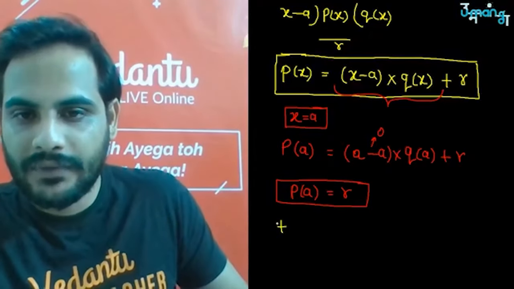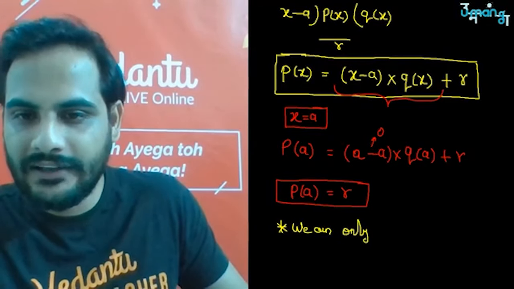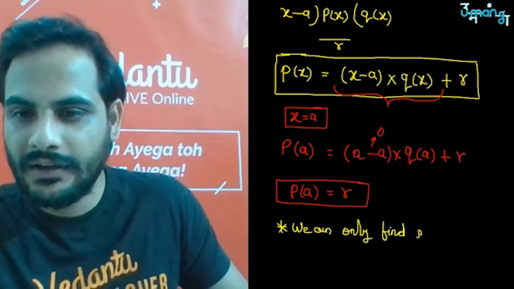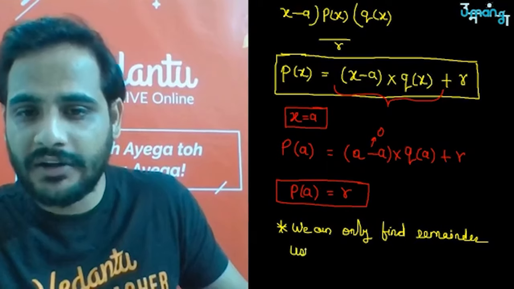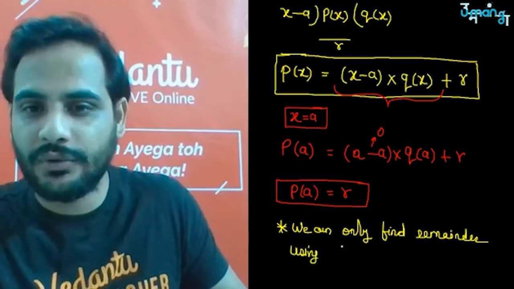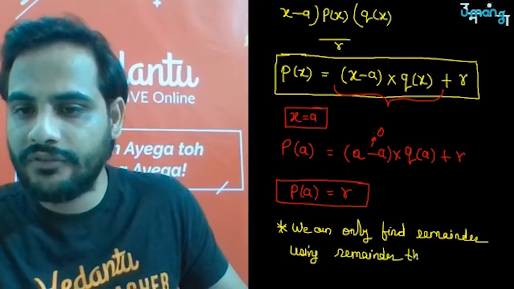So remember, we can only find the remainder using the remainder theorem. Got it? You cannot find the quotient.